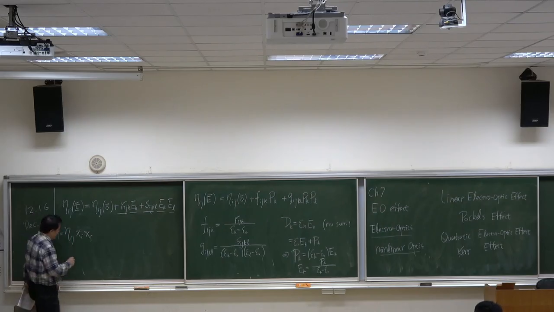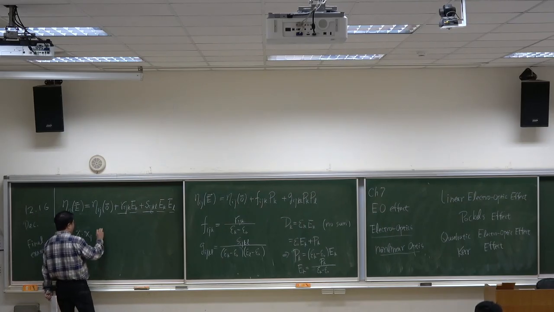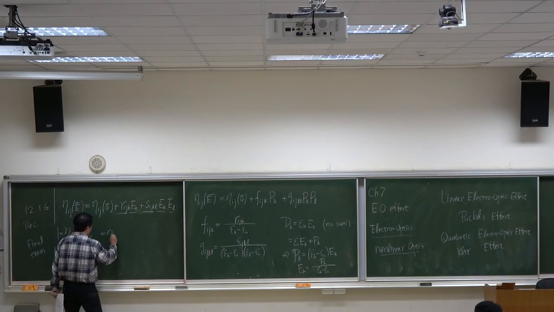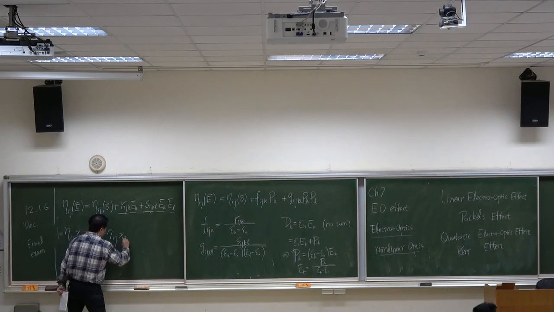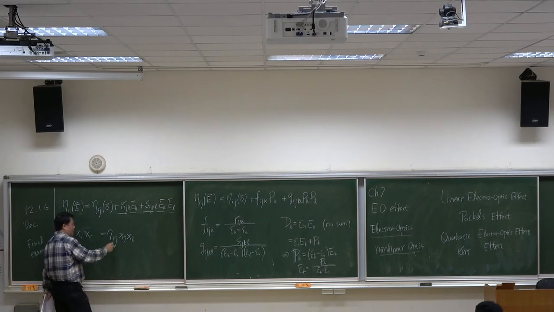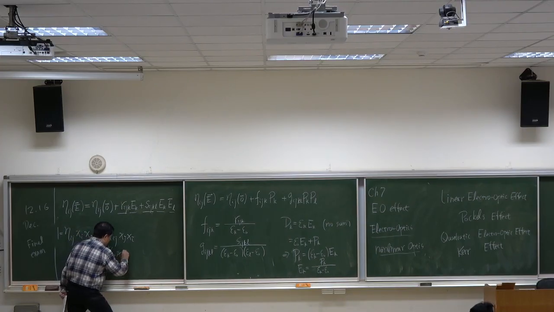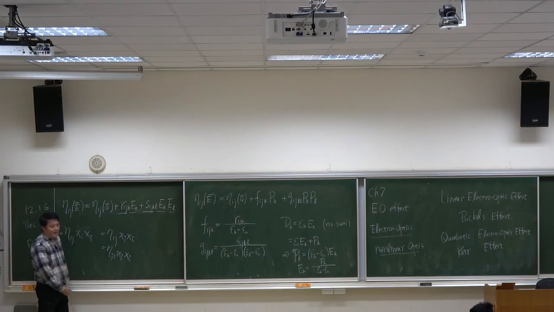Okay, so this means that if we replace i by j, we can write this as xj xi. And this is just equal to this one.